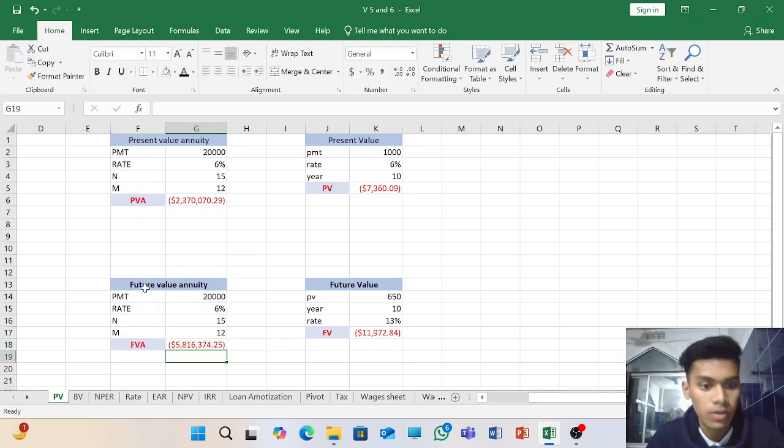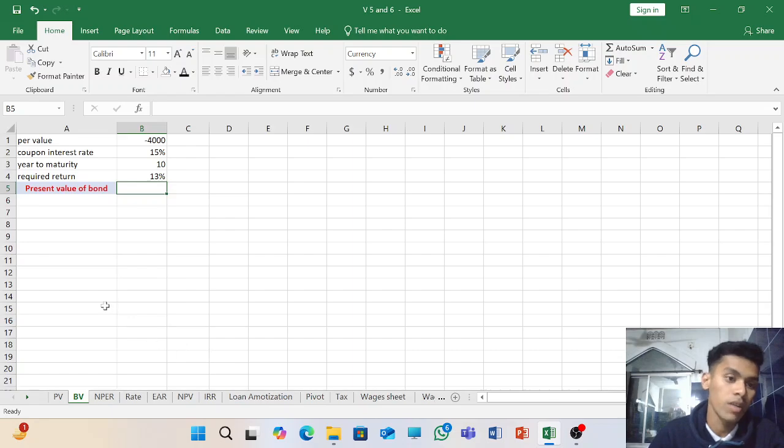We can see the future value of annuity. So this Excel sheet shows the present value and present value annuity, future value and future value annuity. So now we discuss the present value of the bond, how to calculate the bond value.